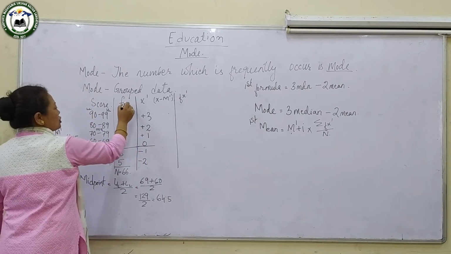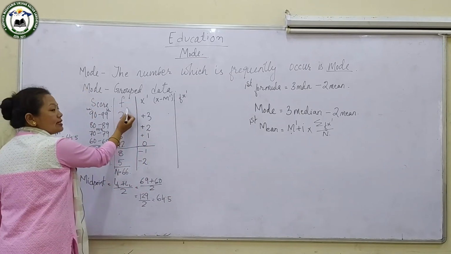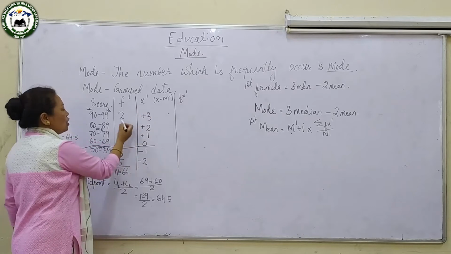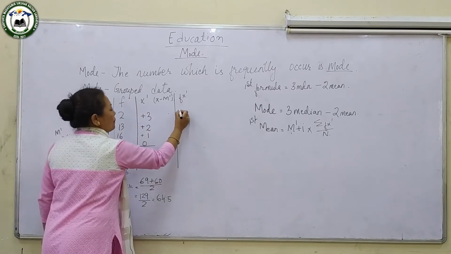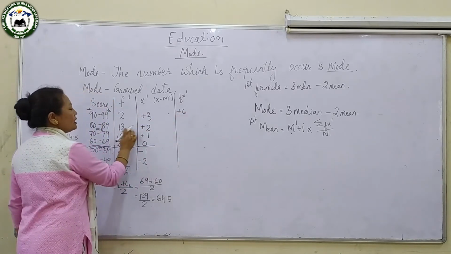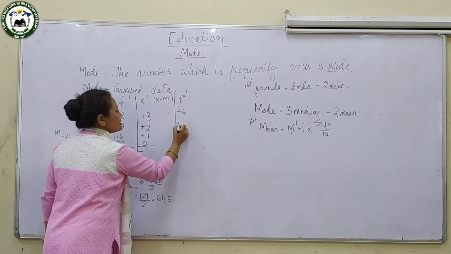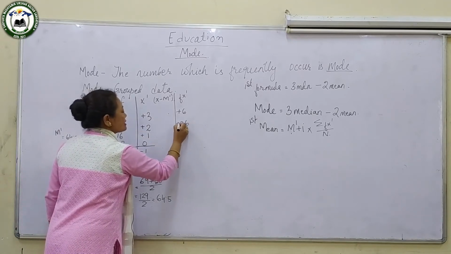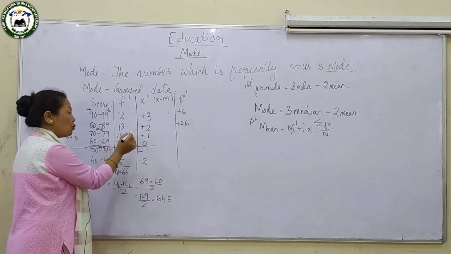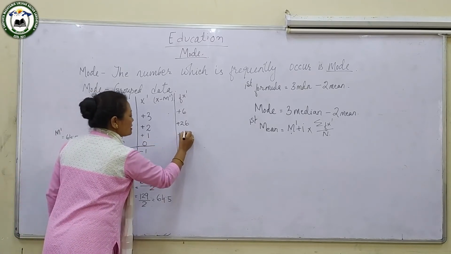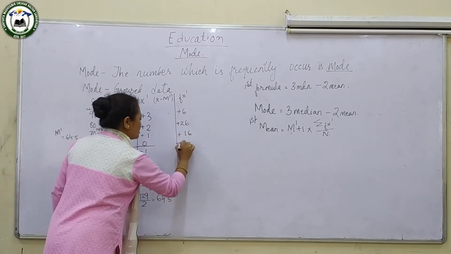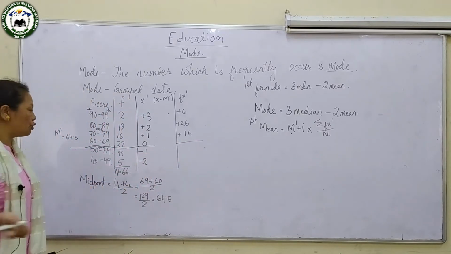So now we need another column, that is fx dash. So for fx dash, you multiply frequency with the x dash. So 2 into 3 is plus 6, 13 into 2 is plus 26, again 16 into 1 is plus 16. There is no value over here because it is 0.